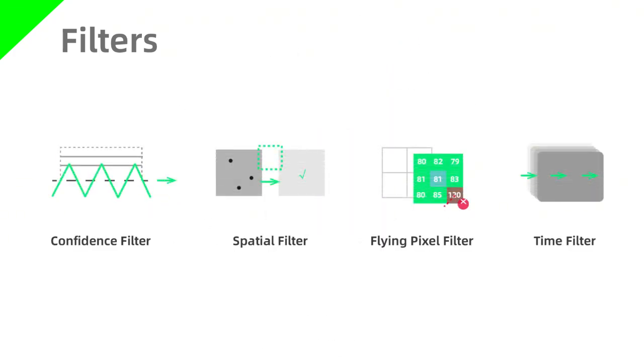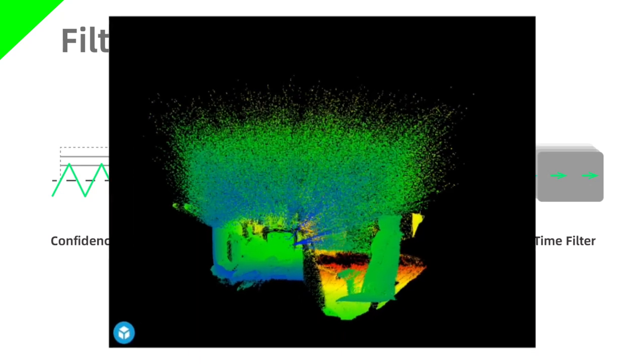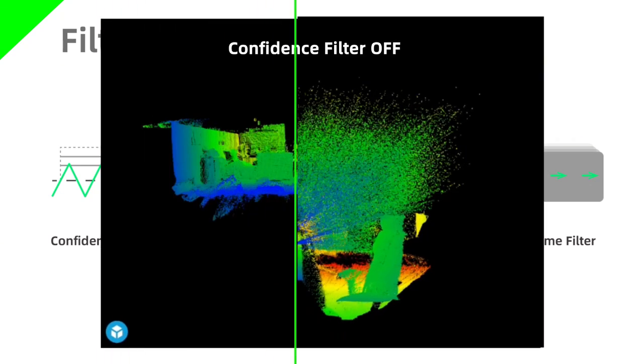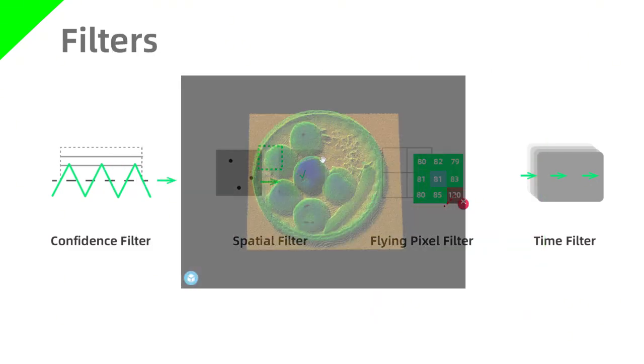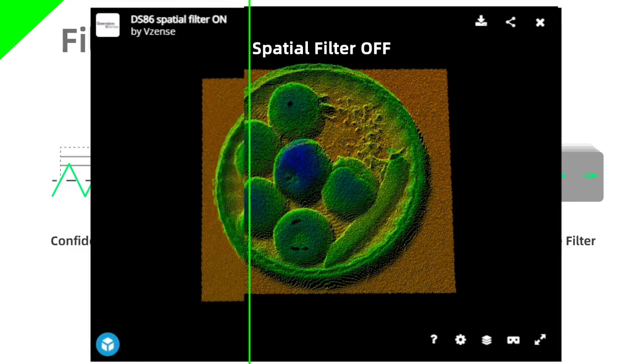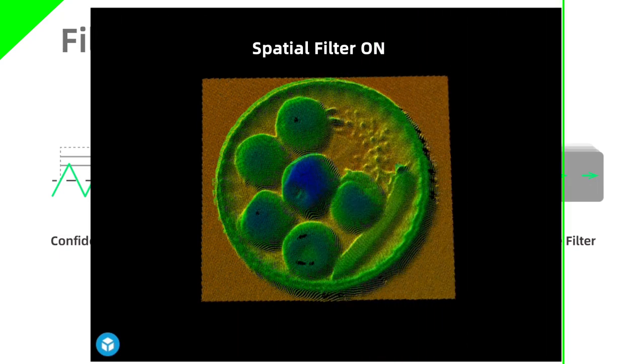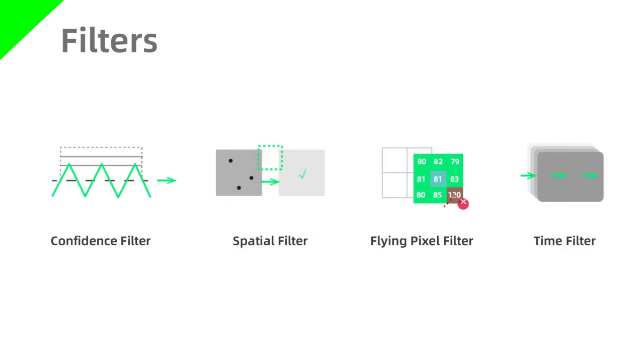Our software includes 4 key filters: confidence filter, spatial filter, flying pixel filter, and time filter. Confidence filter is a high-pass filtering technique that removes low-confidence depth pixels based on signal quality metrics. Spatial filter is a kernel-based convolution operation that processes local pixel neighborhoods to smooth noise or enhance spatial features.